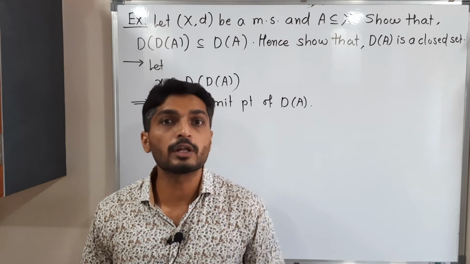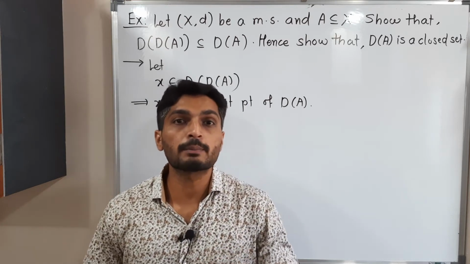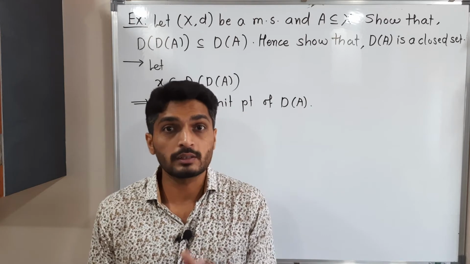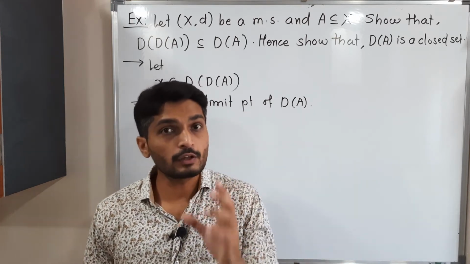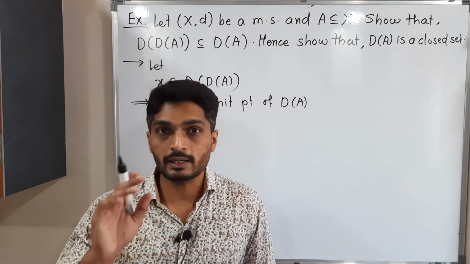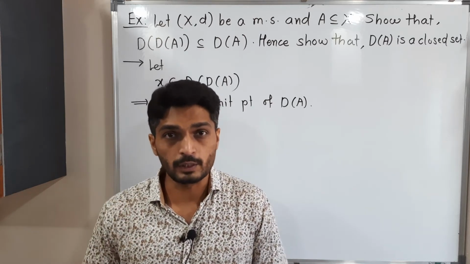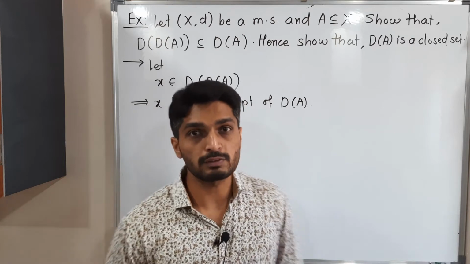But see, there is one more definition of limit point in terms of epsilon. For given epsilon, there exists some y belonging to that set D of A such that d of x, y is less than epsilon. That definition we have also seen in our previous videos. Let us use that second definition of limit point.